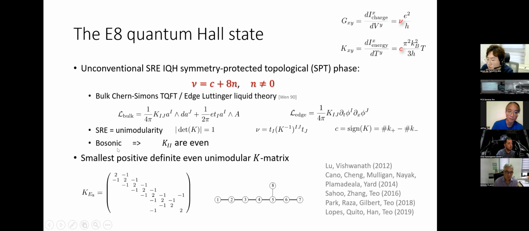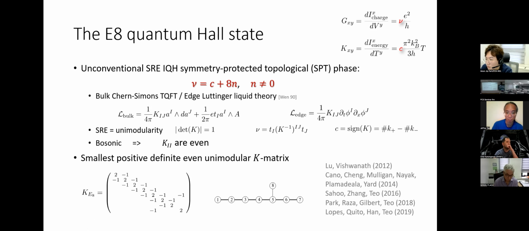Finally, the bosonic requirement dictates that the diagonal entries of this K matrix must be even. It's a known mathematical fact that the smallest, the minimal model is given by an 8 by 8 matrix that takes a particular form, which agrees with the Cartan matrix of the E8 algebra.